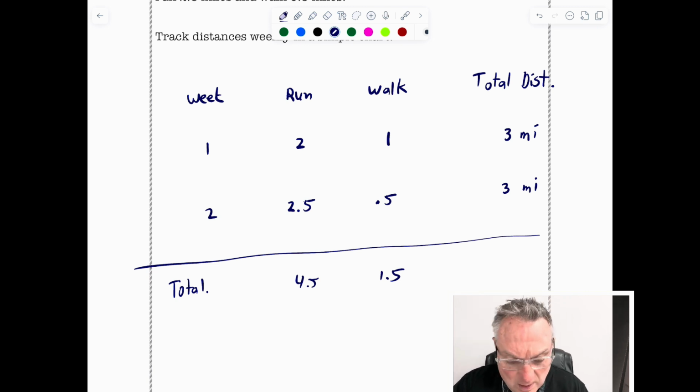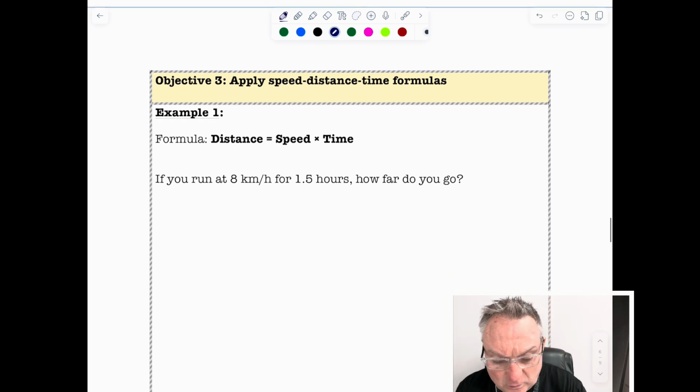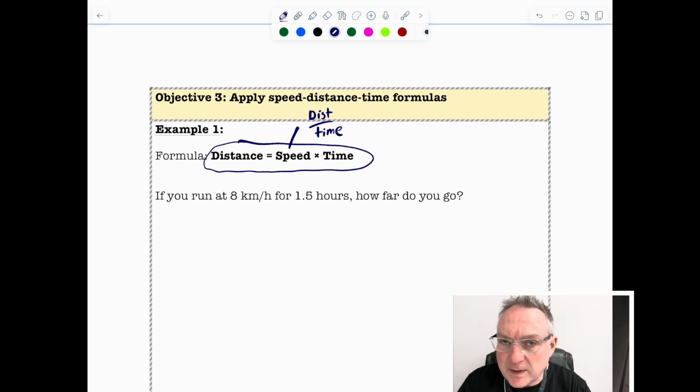And so our next thing we're going to look at is we're going to apply the speed distance formula. We know that distance is equal to speed times time. This time speed is in distance versus time, which is flipped from when we did pace. When we did pace, we had time versus distance. Normally speed, we do something like 50 miles per hour. It's the distance versus the time.